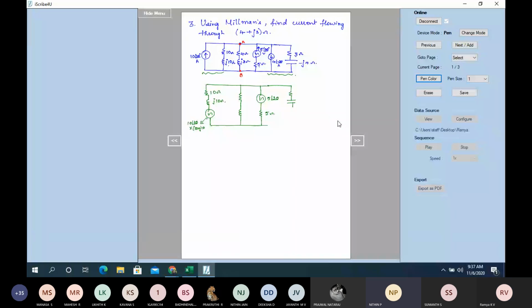Minus 50 plus 50 root 3, 50 plus 50 root 3 j. Put it in decimal, numbers are easier for calculation. Yes, ma'am, 36.60 plus j136.60.